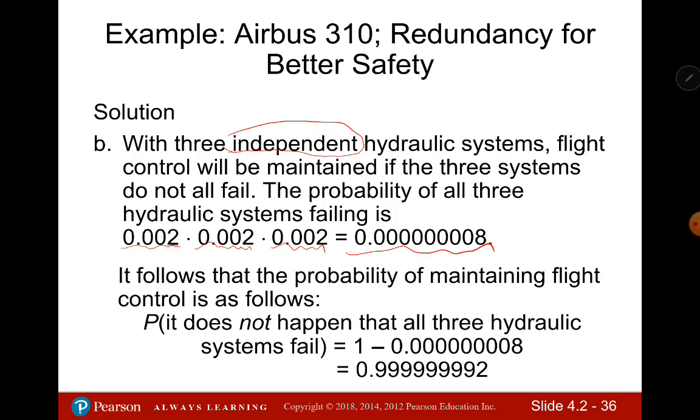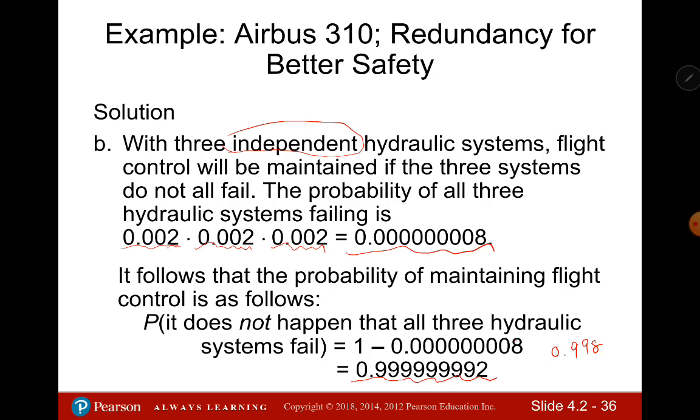This means all three fail. Then the complement of all three failing will be at least one works. So it's just the complement: 1 minus such a small number, we will get this as our probability. Not all three systems fail, which means at least one will work, right? So we compare to the previous result.